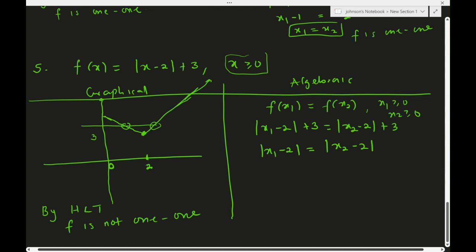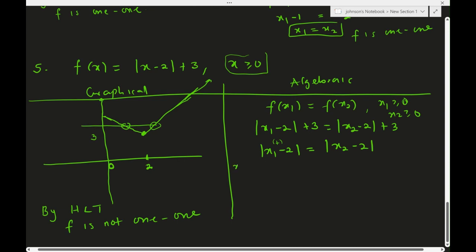Now, you see the problem here. We know x1 is greater than or equal to 0. If x1 is greater than 0, what we have here can sometimes be positive, sometimes negative.